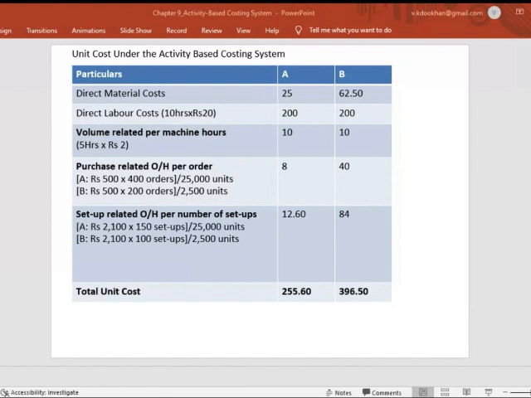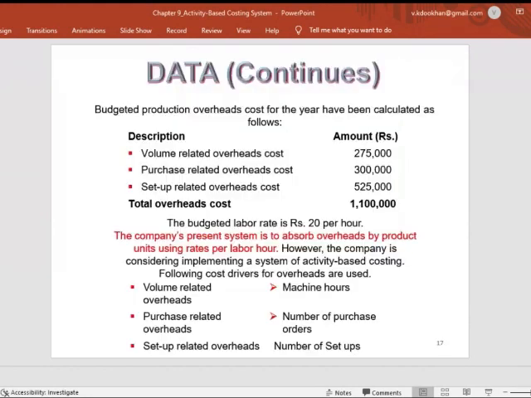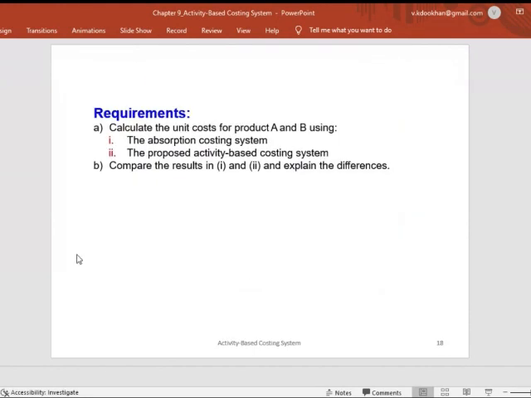Okay? Allez, très bien. So we have one last part of the question that says that we have to compare the results in first one and second one and explain the difference.